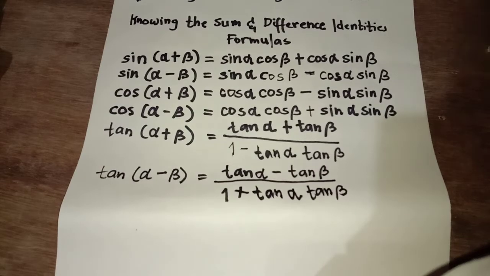So that is the sum and difference identities formulas.